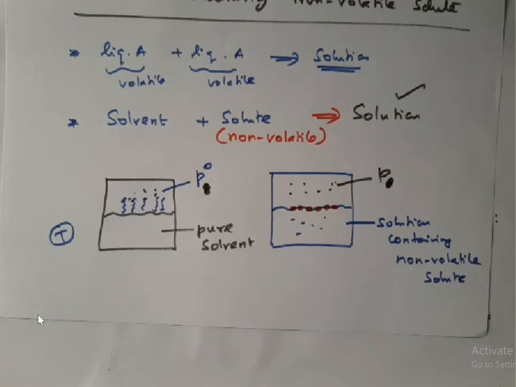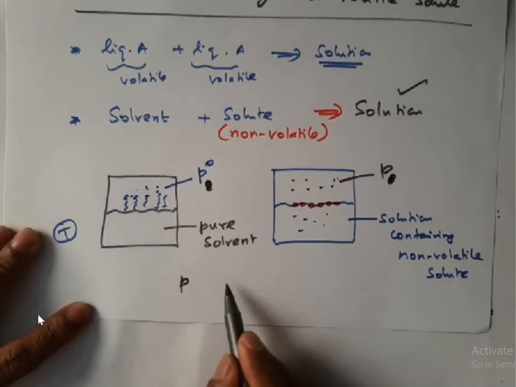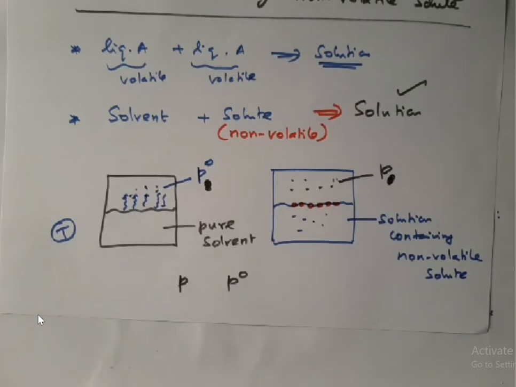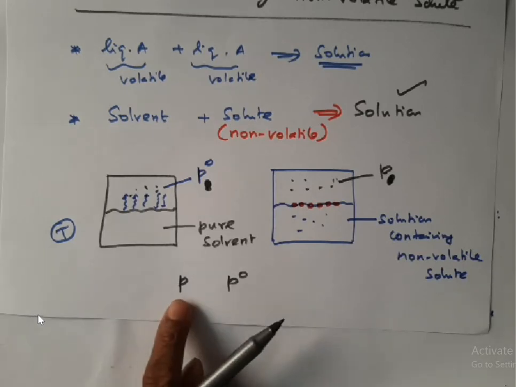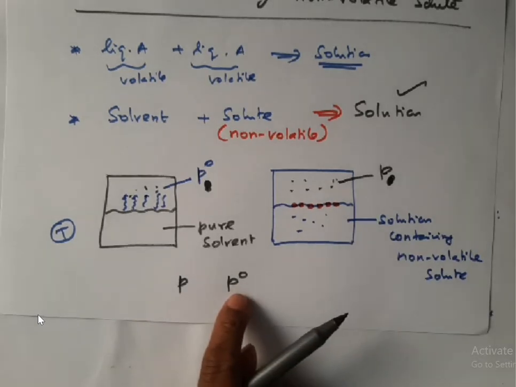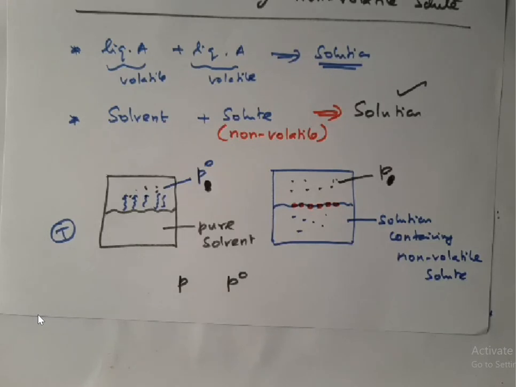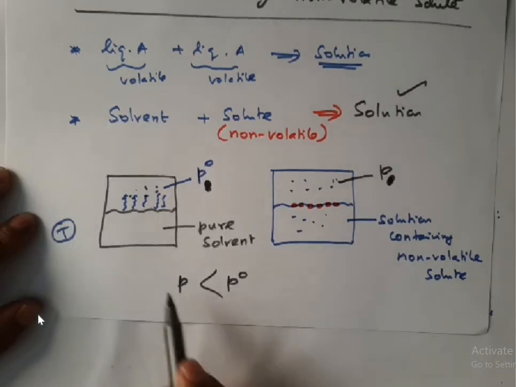Now my question is, among the two, which one is greater and which one is lesser? P or P naught? P means vapor pressure of solution. P naught is vapor pressure of pure solvent. Which one is greater? P naught. Yes. Students, observe this carefully.